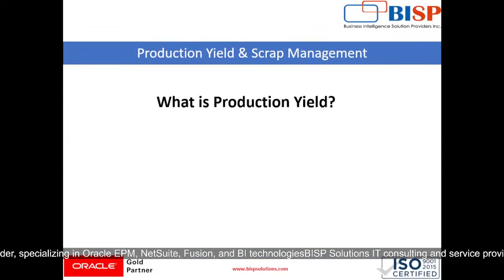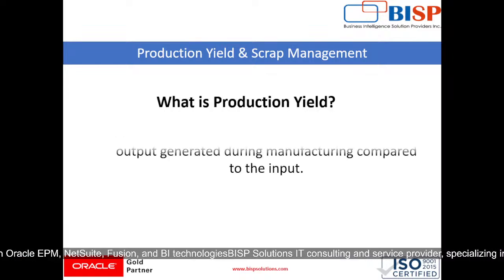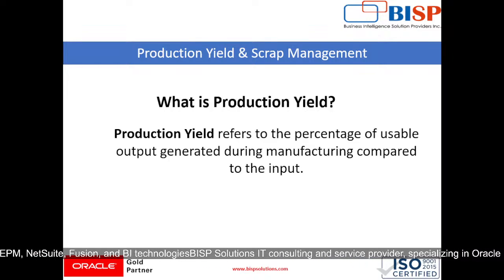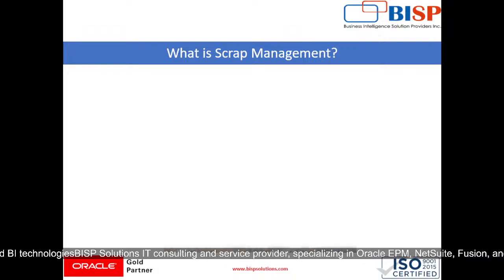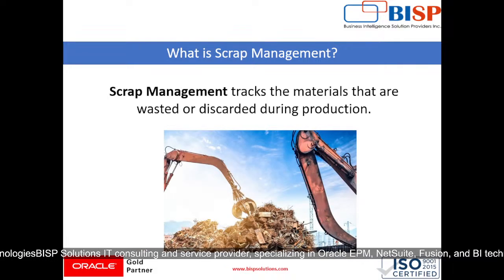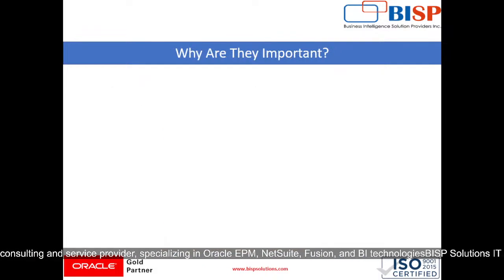So production yield and scrap management. So what is production yield? Production yield refers to the percentage of usable output generated during manufacturing compared to the input. So what is scrap management? Scrap management tracks the materials that are wasted or discarded during production. So why are they important?